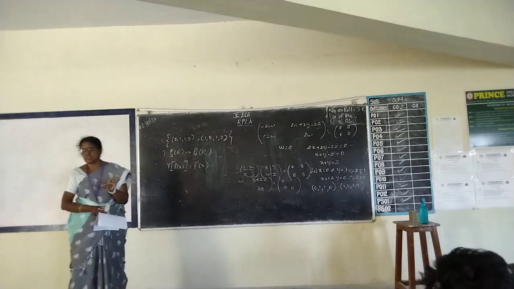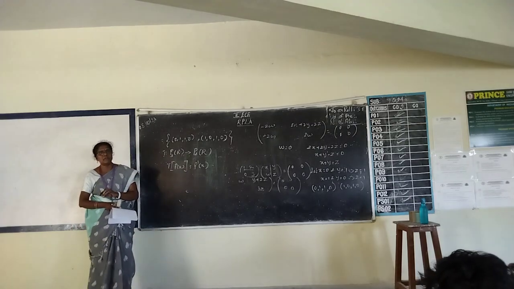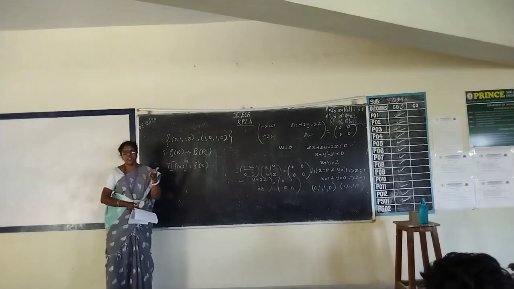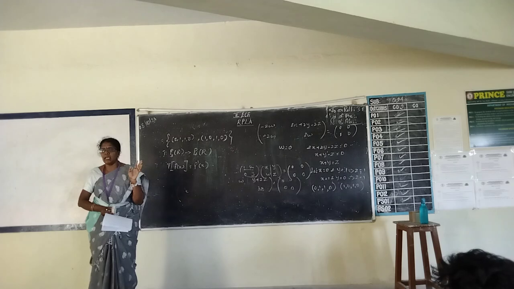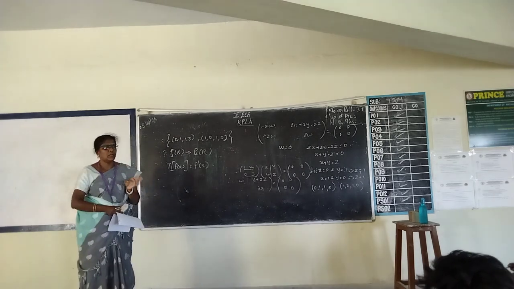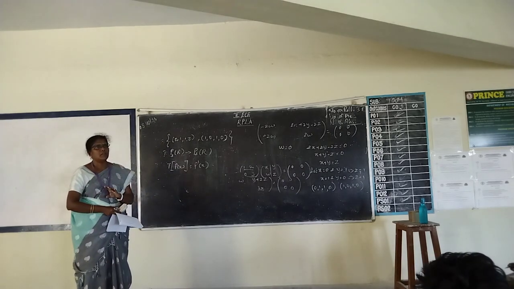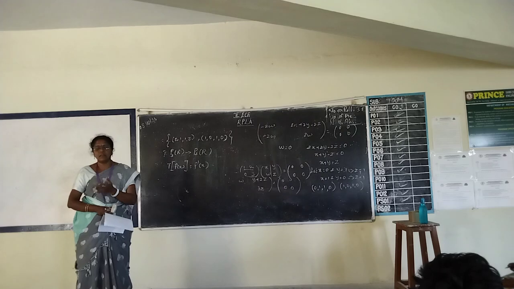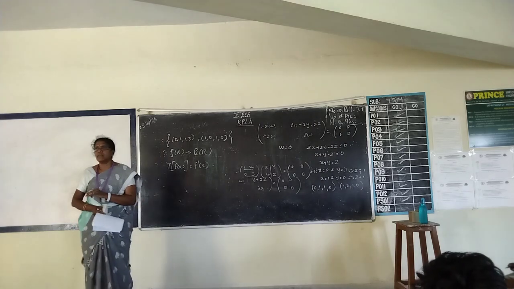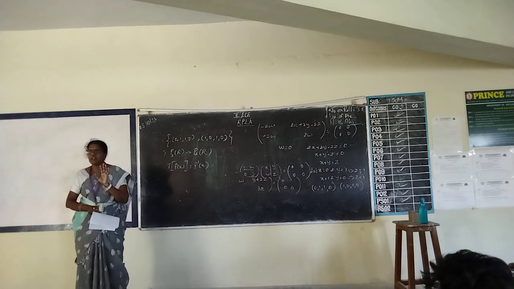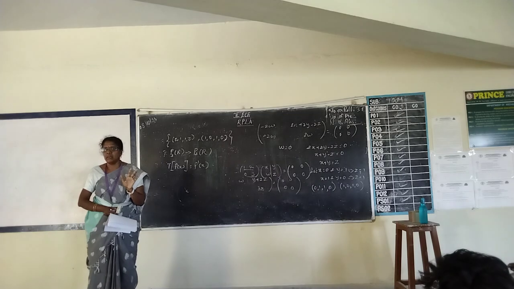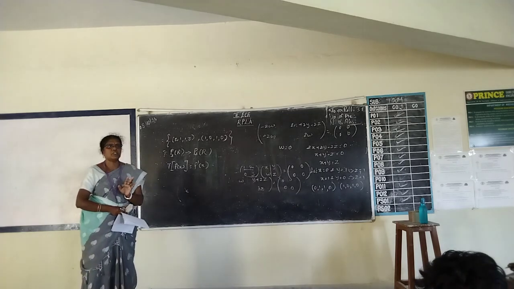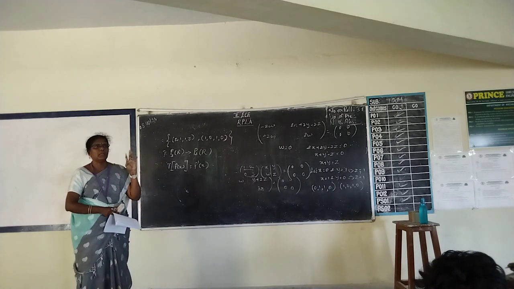When you differentiate, a0 becomes 0, a1x gives a1, a2x squared gives 2a2x, and a3x cubed gives 3a3x squared. That should be equal to 0. From this you have to identify the values for a0, a1, a2, a3.